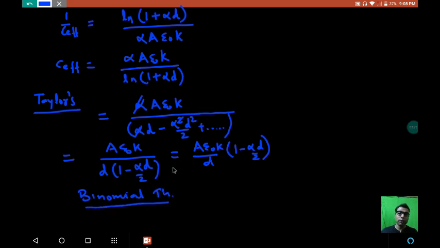By using the binomial theorem, we get the expression A epsilon naught K by d times (1 minus alpha d by 2) to the power minus 1, since this function is taken upside down. Expanding this, we get A epsilon naught K by d (1 plus alpha d by 2).